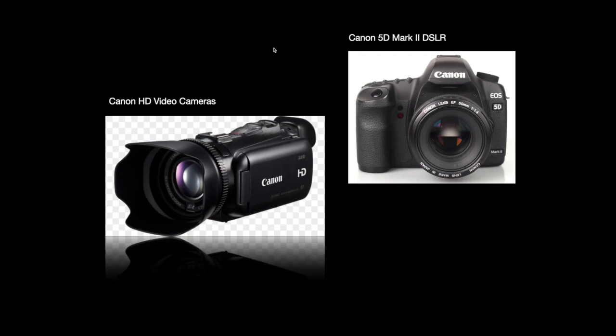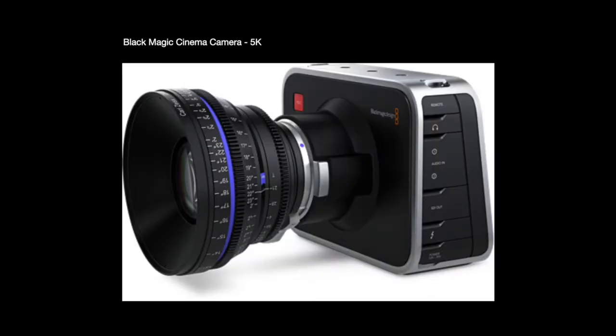The Canon 5D Mark II is one of the first digital SLRs that really shot excellent video and made the use of aperture control and shutter control popular in films. Here we have the Blackmagic cinema camera, which is a 5K digital camera with excellent dynamic range.